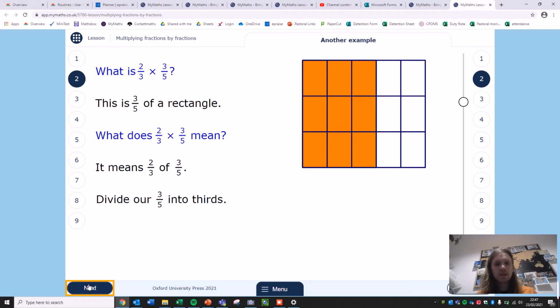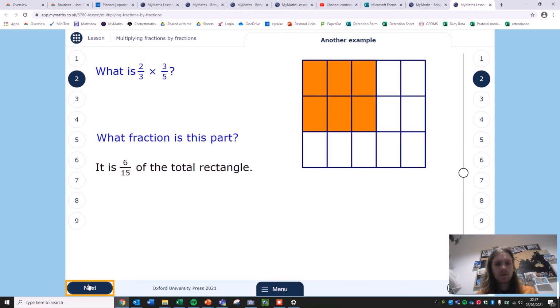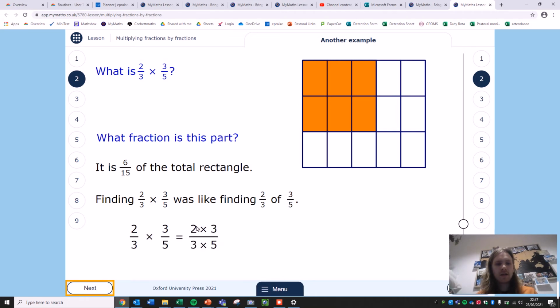So if we split up that 3/5 into 2/3, then we've got 6/15. And once again, all we've really done is 2 times 3 over 3 times 5, or 6 over 15. And if we want to make it even better, we can cancel it down to 2/5.